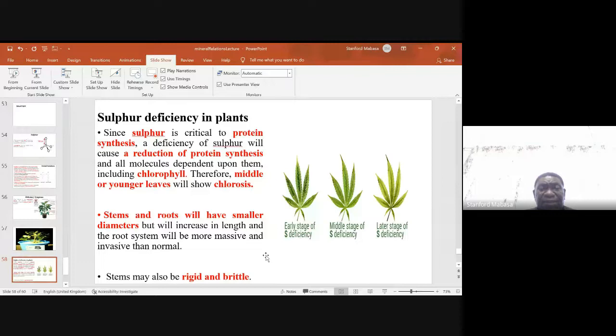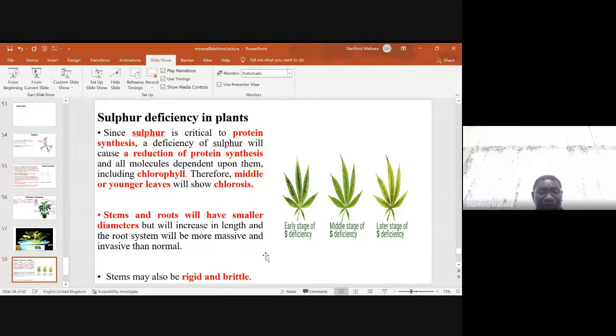And this can also affect chlorophyll. So the middle or younger leaves can show chlorosis or yellowing, as opposed to nitrogen, where we see yellowing probably on large leaves. But if you start seeing yellowing on young leaves, it could be sulfur deficiency.